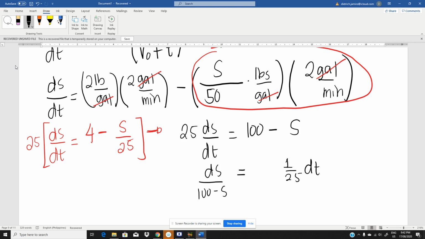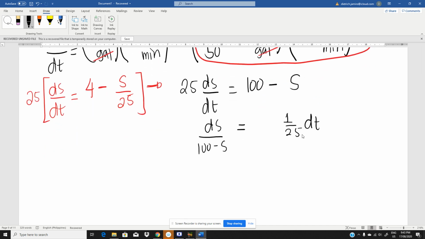Then integrating both sides of the equation, we will have negative ln of 100 minus s is equal to 1 over 25 t plus c.